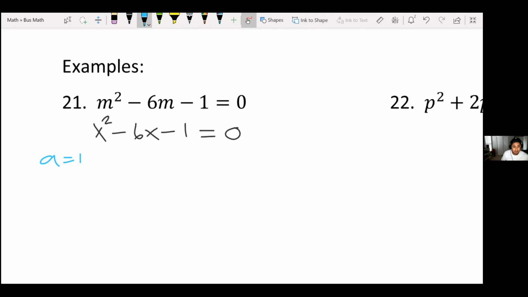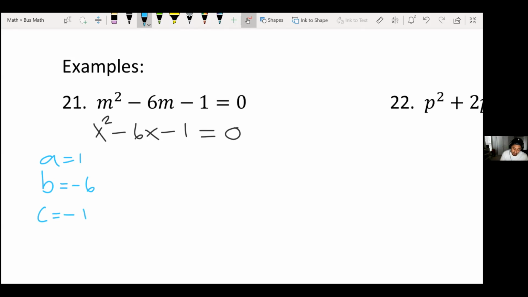So negative 6x is our middle term. So for B, negative 6 is the coefficient. C represents our constant. Remember, constant's the number without a variable, just the number. So C is negative 1. Okay, now you have labeled what A, B, and C are.